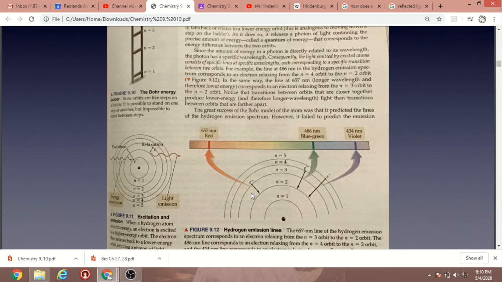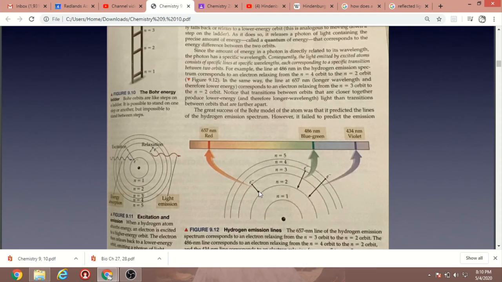And if we energize the electron and we make it go from energy level number 2 to energy level number 3, remember we said that that's not very stable for the atom, and that the atom is going to re-release that energy as light. And when it does that, the electron is going to fall back to the second energy orbit. When the electron is in energy level 2, it wasn't absorbing or emitting any light.